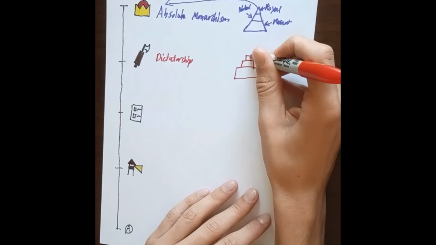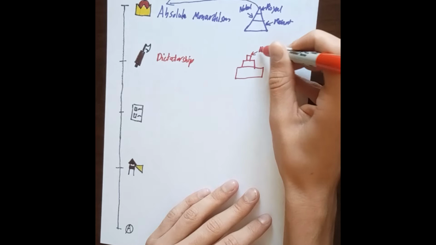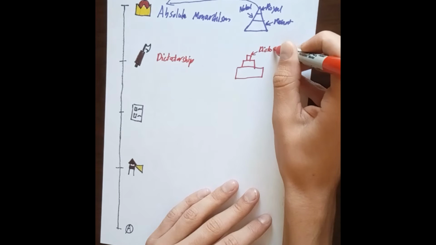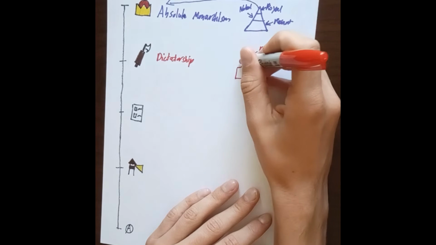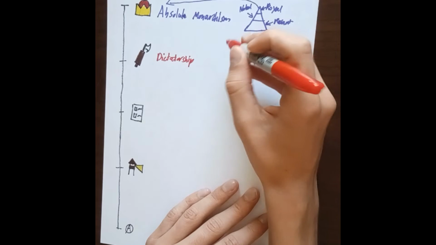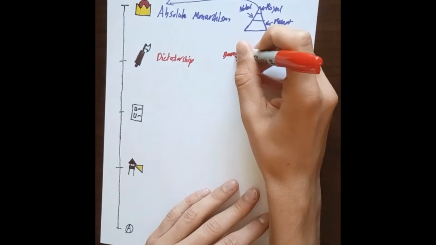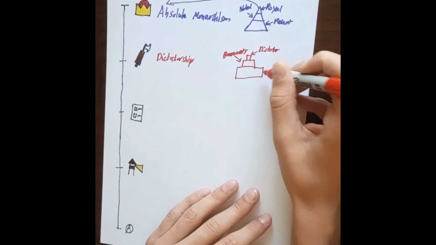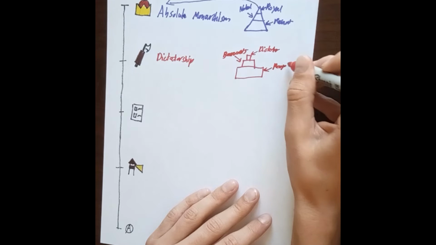It's like a blocky pyramid. So you have the dictator up at the top, and you have the bureaucrats, and then you have the people.